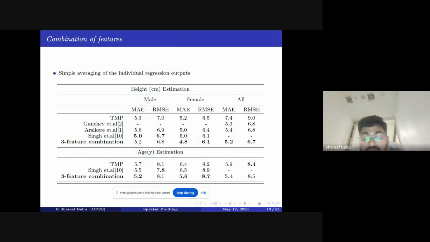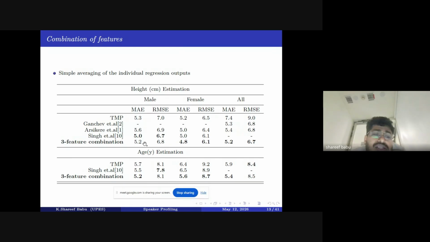Now what we try to do is perform a simple average across the regression outputs from all three different features: first order statistics, harmonics, and formants. This three-feature combination has helped us beat the state of the art results for female speakers and for overall male and female speakers.